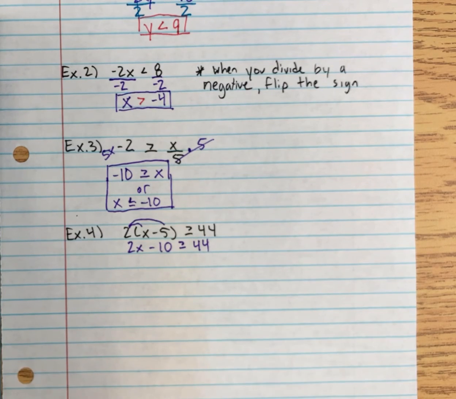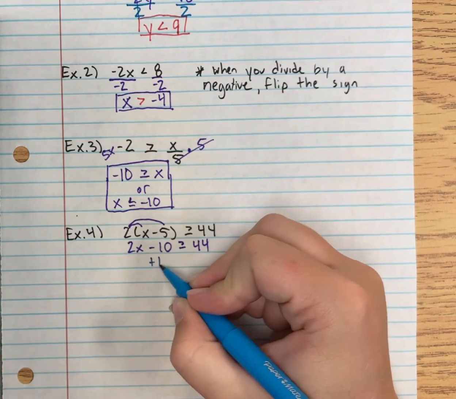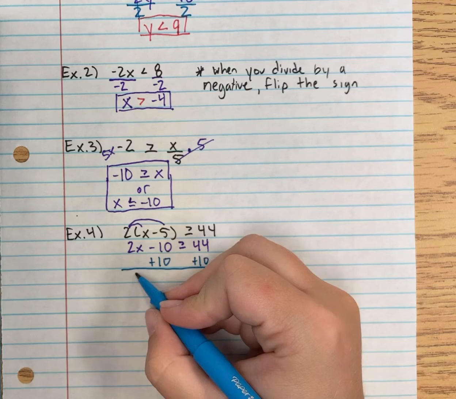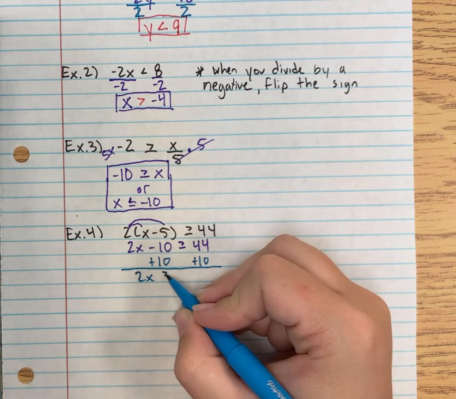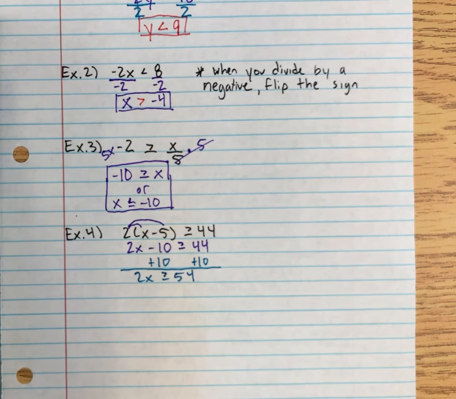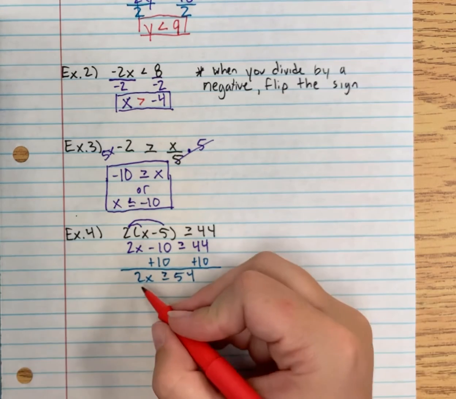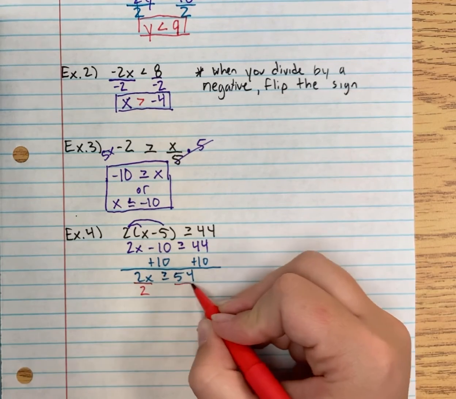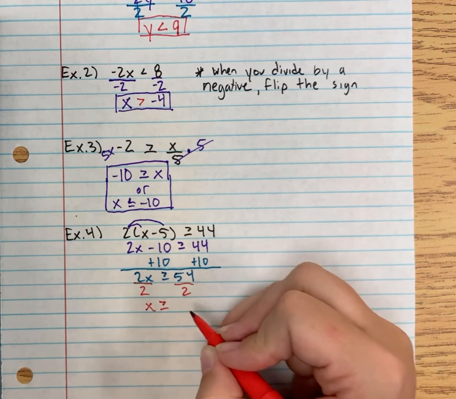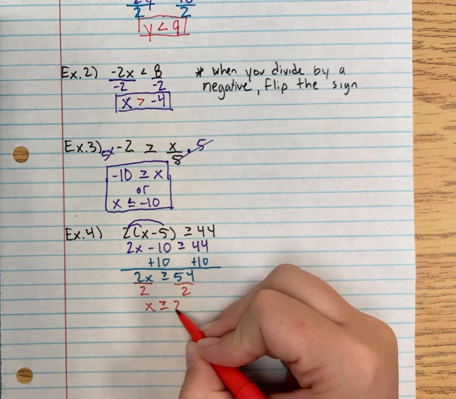So we're going to add 10 plus 10. So you get 2x is greater than or equal to 54. And then last but not least, divide both sides by 2. This becomes x is greater than or equal to 27.